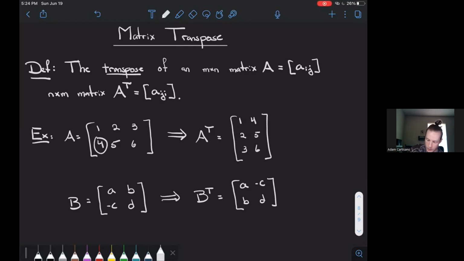2, 1 becomes 1, 2. 2, 2 stays 2, 2, but diagonal stays the same, yeah? And 2, 3 becomes 3, 2. Like that. It is flipping it across the diagonal. I guess I should draw it, actually, the diagonal.